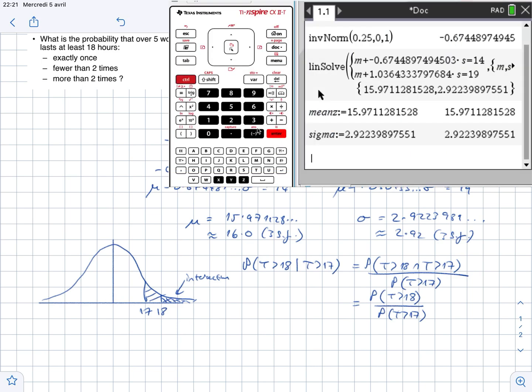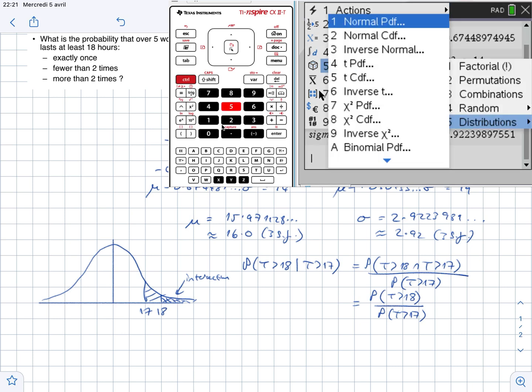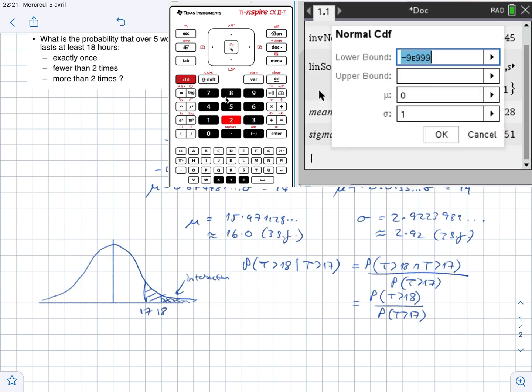Now we've got the probability that t is greater than 18, or greater than or equal to 18. So now we need to use our menu distributions, just probability distributions. We want our normal CDF. And the lower bound now is 18, because we want greater than 18. Let's do 18 first, up to 9 EE 999.